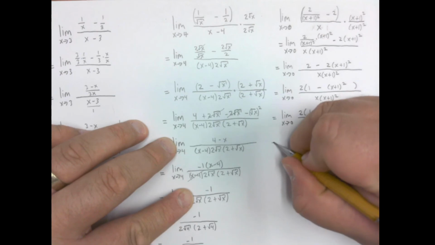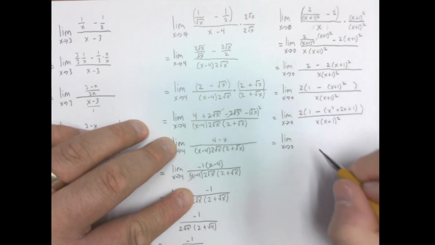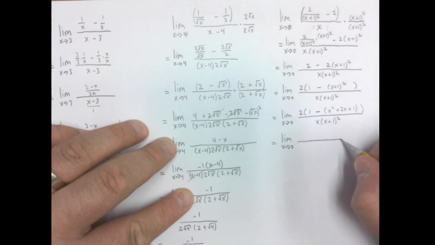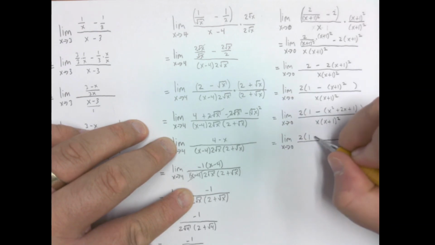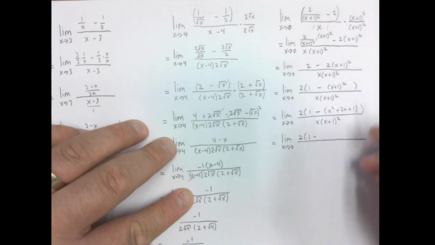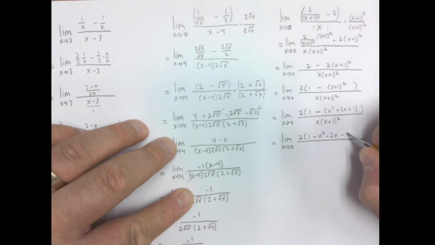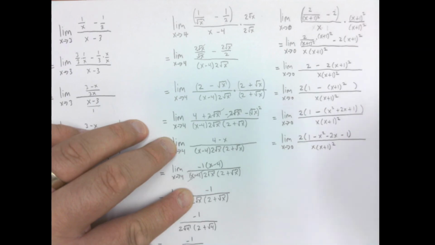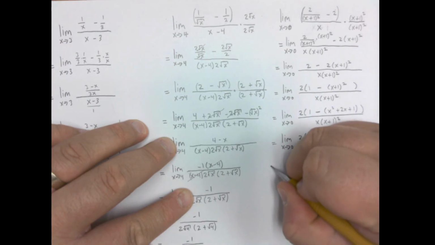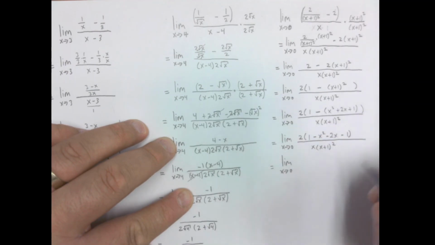Equals limit as x approaches 0. We still have a 2 out front. And then we have 1 minus, distribute your negative sign, x squared minus 2x minus 1 over x times x plus 1 squared equals limit as x approaches 0.